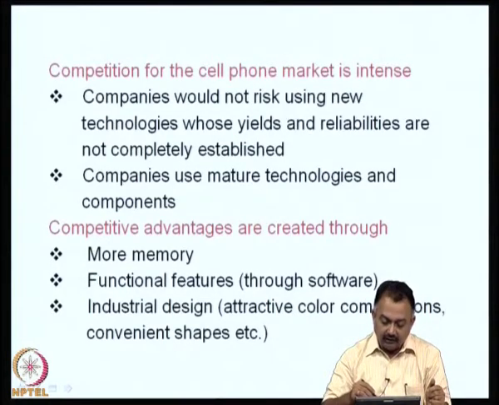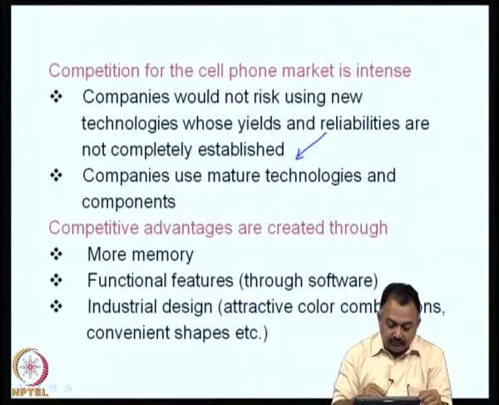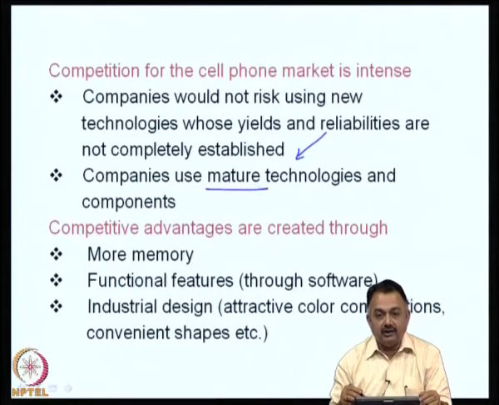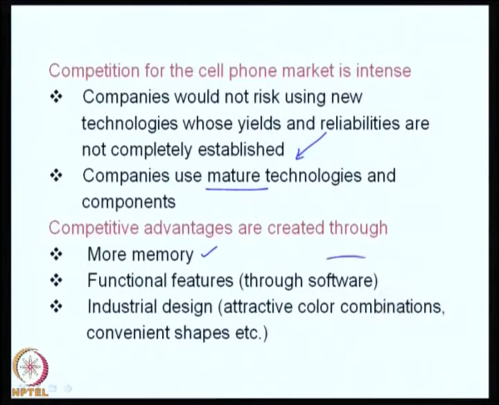So, there are companies which take this bold step and become leaders in this market. So, companies use mature technologies which are at least a year or 2 old, have been tested for reliability performances. Advantages are created through more memory, functional features through software. So, software is not to be ignored here, and industrial design.